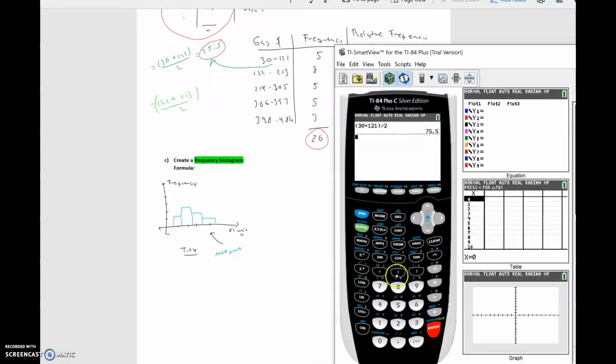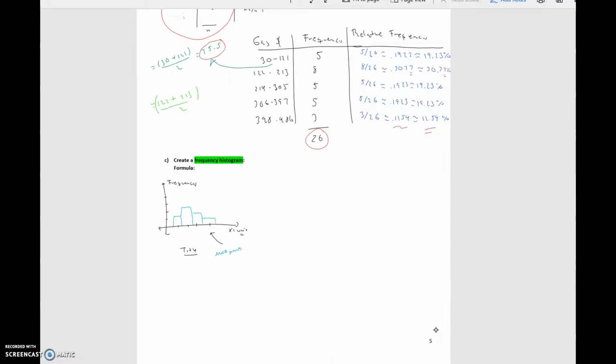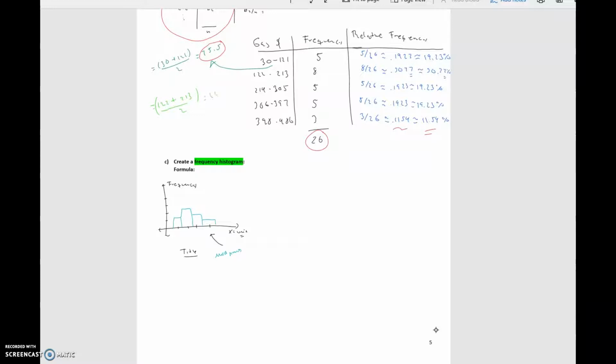Using the calculator, parentheses, 122 plus 213, don't forget to close parentheses, then divided by 2, I'm getting 167.5. So this is going to be our second midpoint.